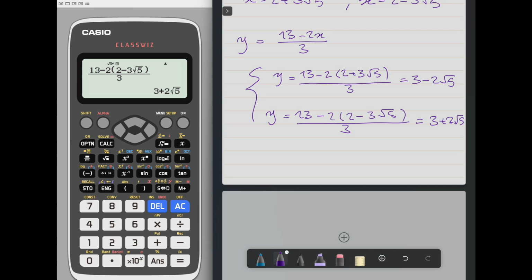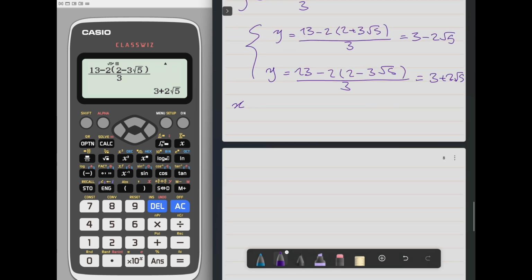So my answers are going to be: x equal to 2 plus 3 root 5 and y equal to 3 minus 2 root 5, and here x is equal to 2 minus 3 root 5 and y is equal to 3 plus 2 root 5. And this is our final answer, guys.